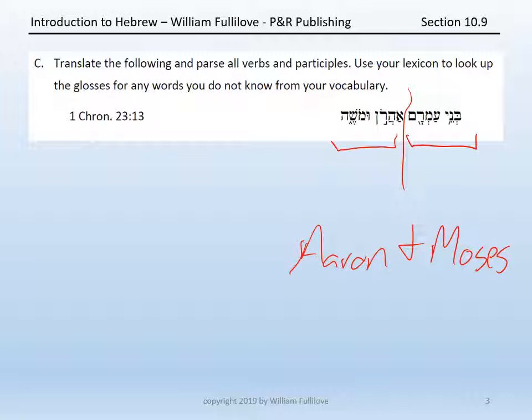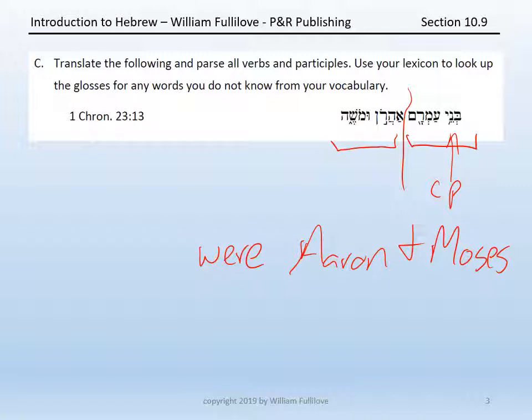You'll notice there is no verb in this sentence, so this is a verbless clause. And so I'll add, appropriately for an English translation, were. And then the first phrase, B'nai Amram. Amram is again a proper noun, and B'nai is the construct plural form of banim, or in singular ben, son.